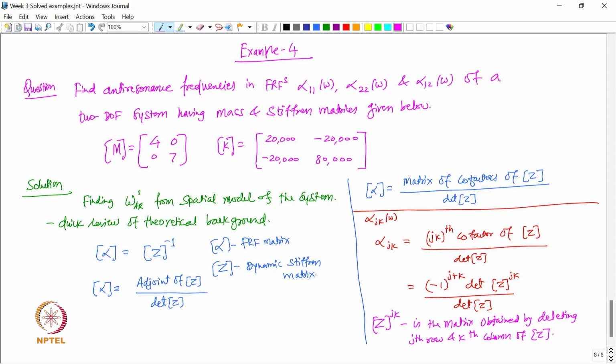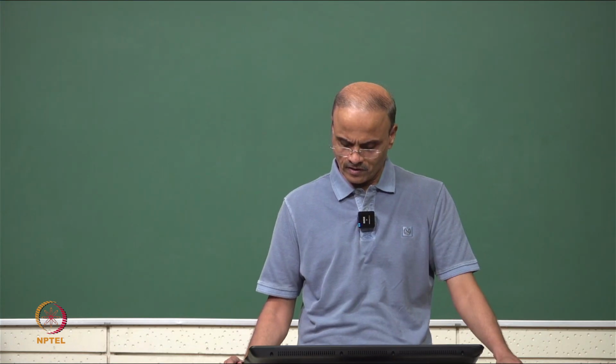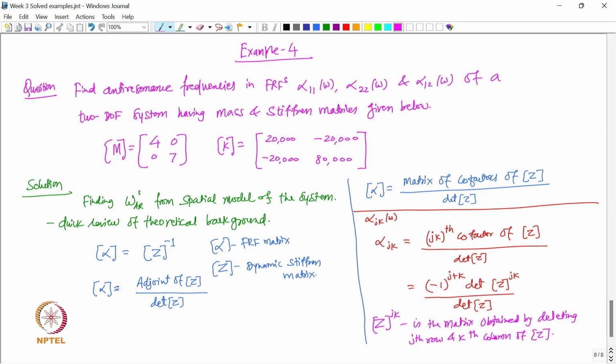So, I get a new matrix of order 1 less than the parent matrix, right. So, that is nothing but Z JK, and determinant of that has to be taken to find the numerator. So, this is essentially the alpha JK, right.